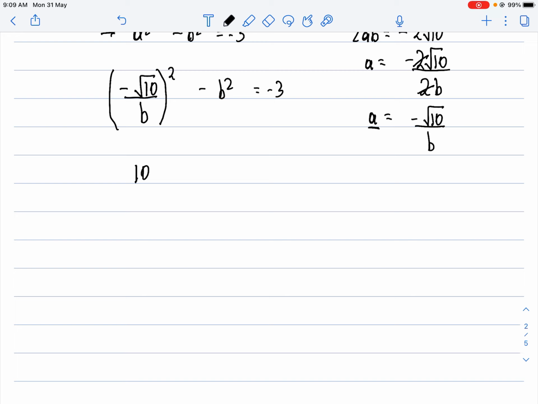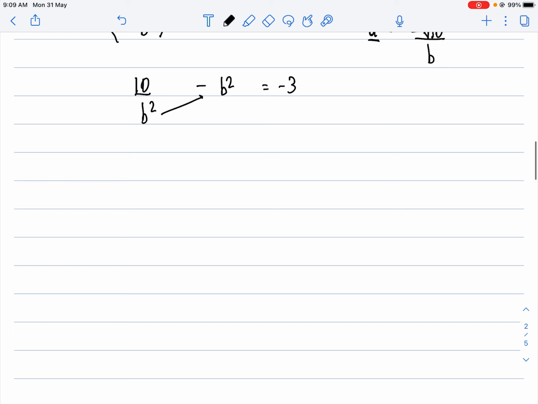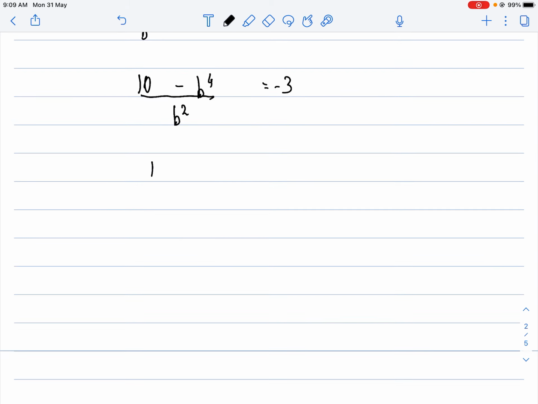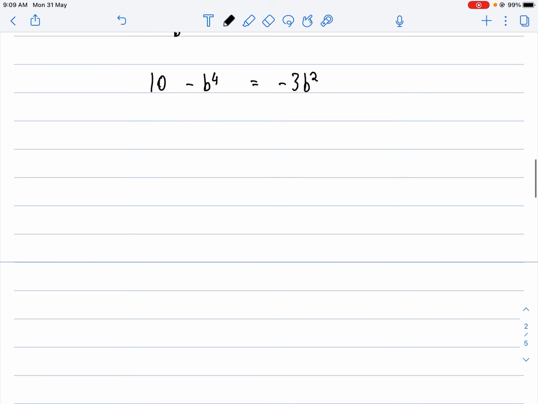Taking the LCM, I can write this as (10 minus b raised to 4) over b square equals -3. So 10 minus b raised to 4 equals -3b square, which can be written as b raised to 4 minus 3b square minus 10 equals 0.